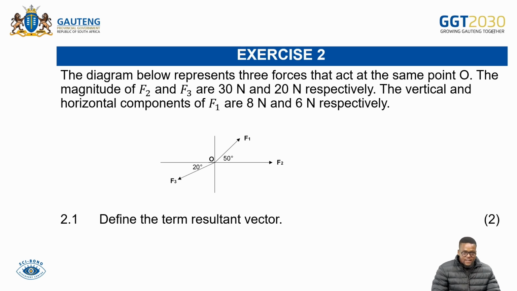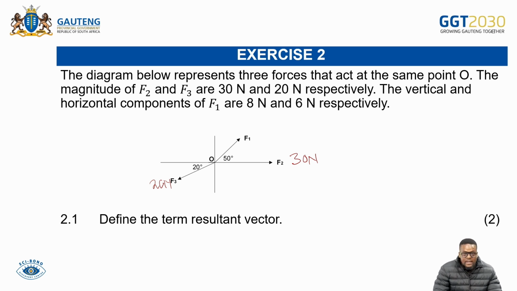So now let's do this exercise. The diagram below represents three forces that act at the same point, which is point O. The magnitudes of F2 and F3 are 30 newtons and 20 newtons respectively. The vertical and horizontal components of F1 are 8 newtons and 6 newtons respectively. So in this case, we are given F2, which is 30 newtons, and F3, which is 20 newtons, right?